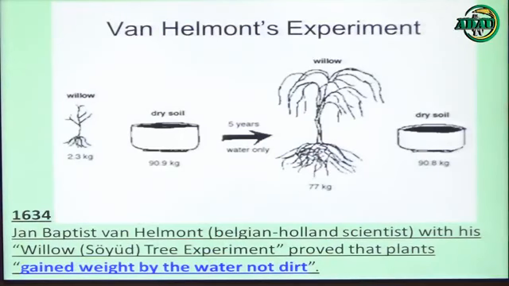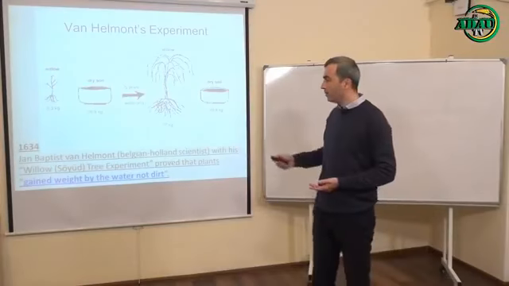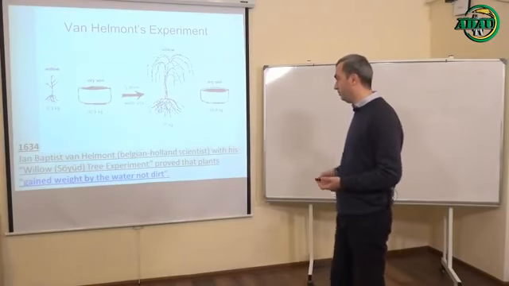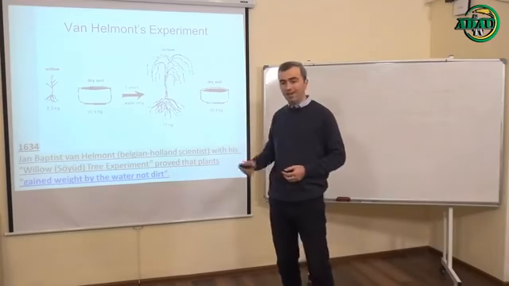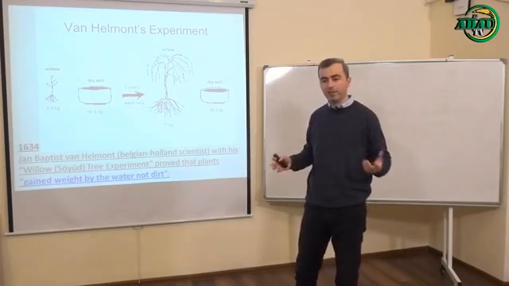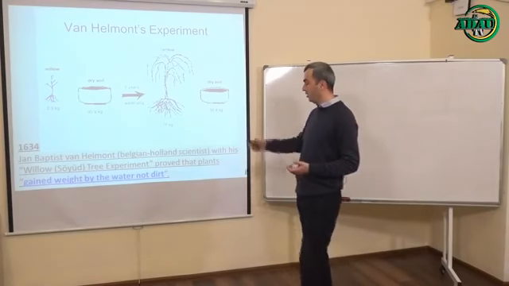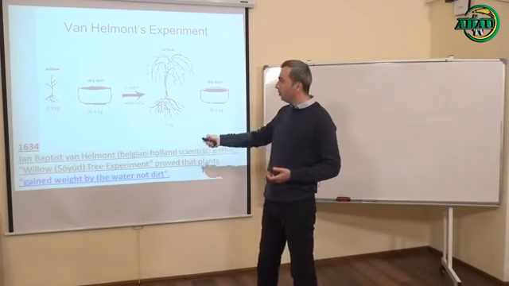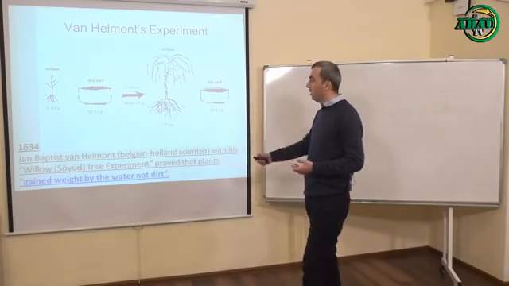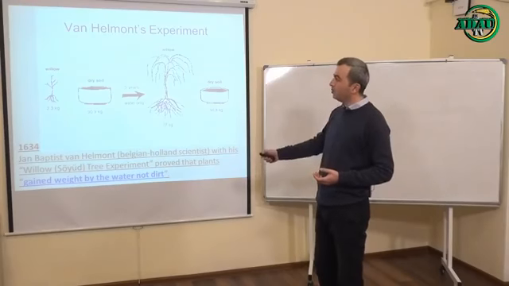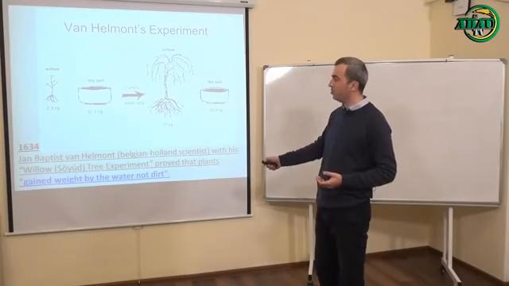Later on, much closer to our time, in the mid-17th century, Jan Baptist van Helmont, the Belgian scientist, initiated an experiment where he took a small willow tree weighing 2.3 kilograms, and around 90 kilograms of dry soil.